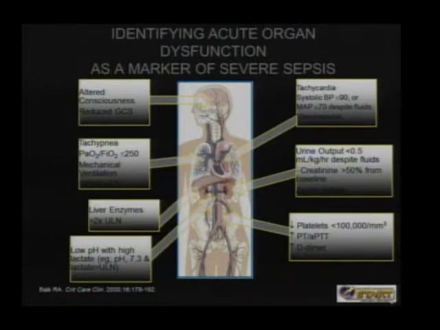Of course, respiratory, cardiovascular, and renal, which we've talked about. But keep in mind, number 5 right here, elevated liver enzymes. We're going to talk a lot more about lactate in a little bit for metabolic failure. And the big one over here: when I was training, you either had patients with septic shock with or without DIC. We come to find out that's just all part of the hematologic organ dysfunction.